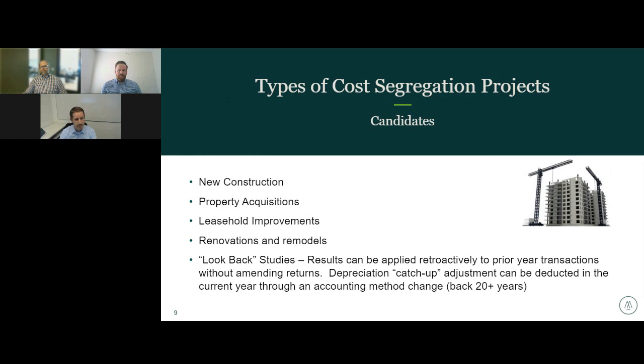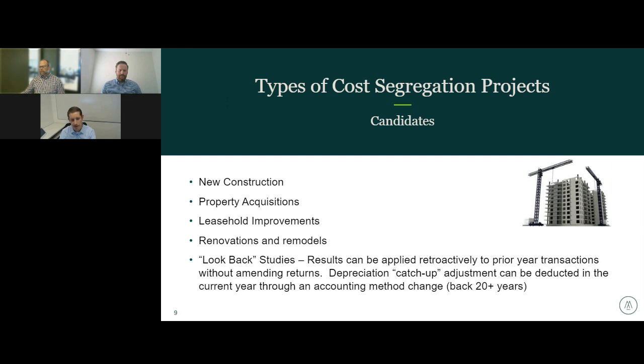So we talked about some of the good candidates: $2 million or more associated with new construction or property acquisition, and building and leasehold improvements at $500,000 or more. One more important note here is that we could actually go back in time to real estate transactions that occurred in prior tax years and apply cost seg there with what's called an accounting method change filing with a current tax return.